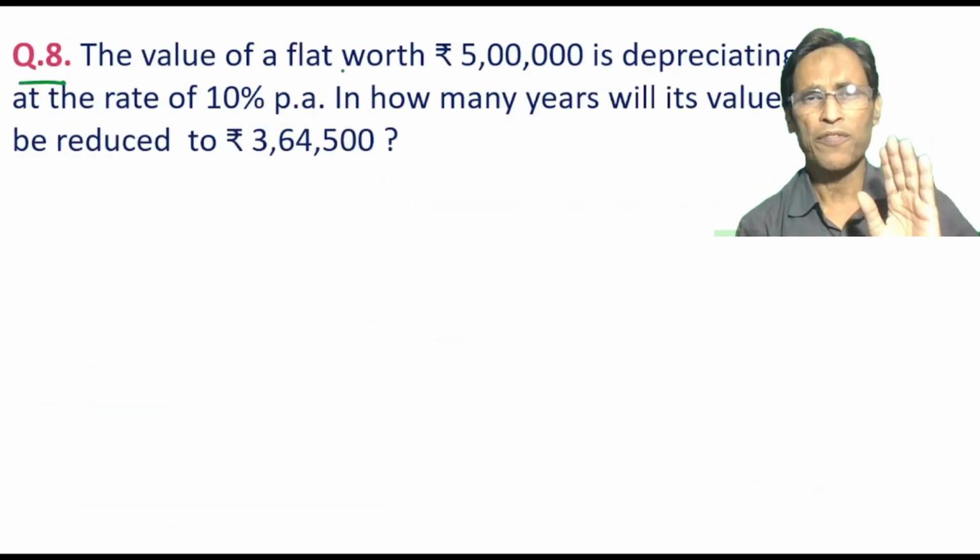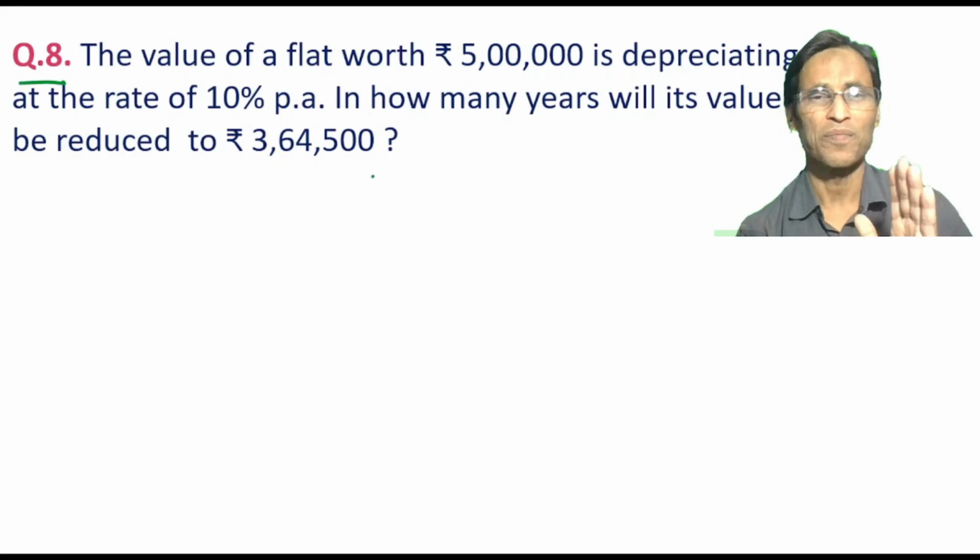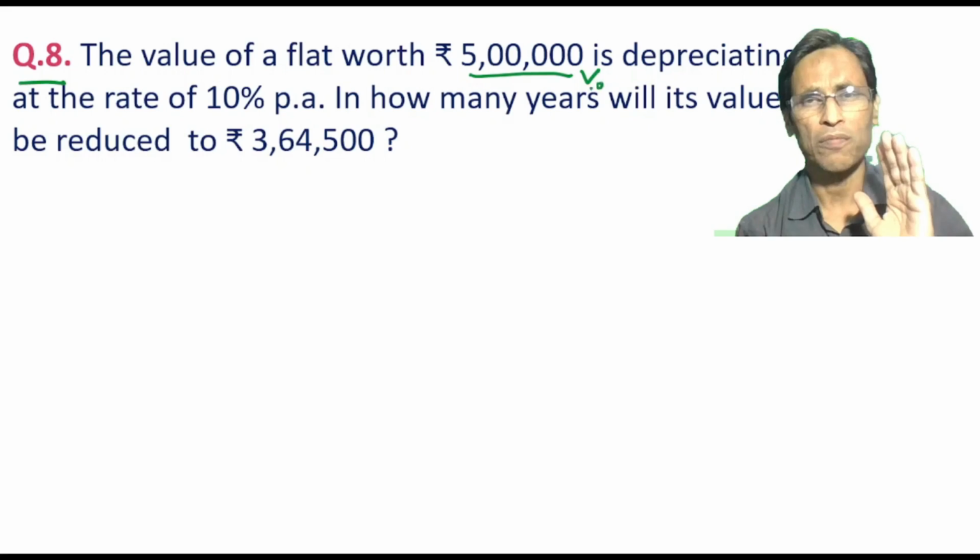The value of a flat worth rupees 5 lakh is depreciating at the rate of 10% per annum. In how many years will its value be reduced to rupees 3,64,500? From this question we get the information. The initial value of the flat is rupees 5 lakh, so it will be V0.